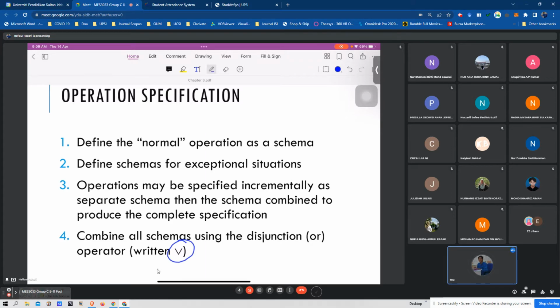Okay, for the precondition, it is the thing that must be true for the operation to succeed.